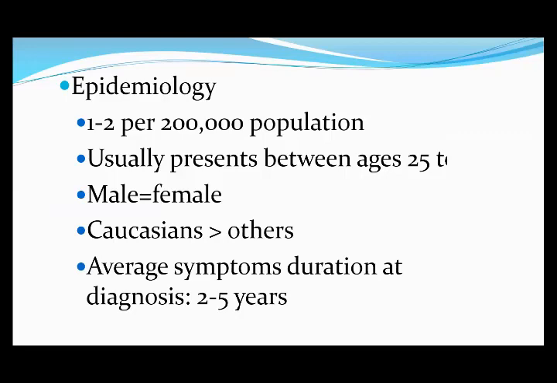Prevalence is between the ages of 40 to 50, slightly more common in males than females, and slightly more common in Caucasians. The duration of symptoms before diagnosis is 2 to 5 years, which means that when the patient reports initially to the physician, symptoms have already been present for the previous 2 to 5 years.